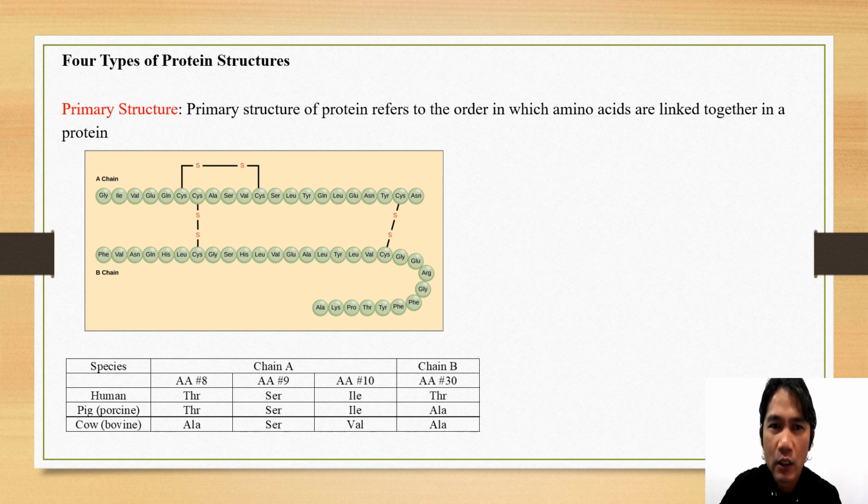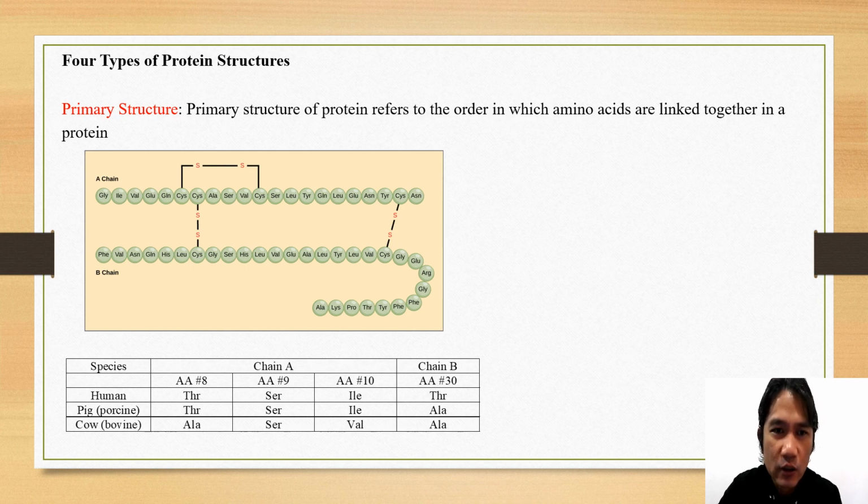So proteins are made up of amino acids, and each protein has its own sequence of amino acids. Like for example, this insulin, I have shown you this in the past. This insulin is made up of 2 chains.